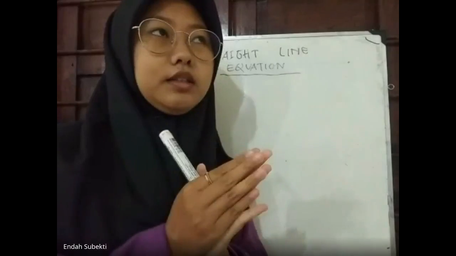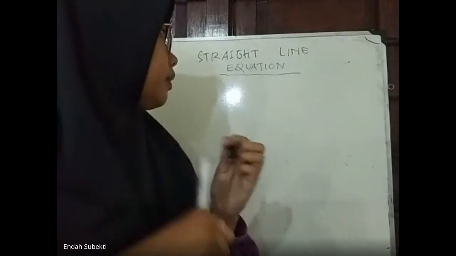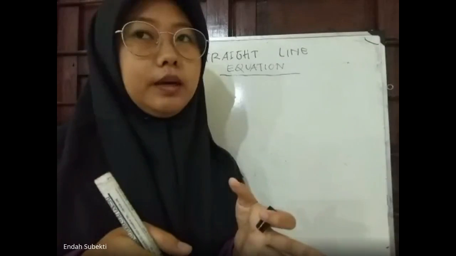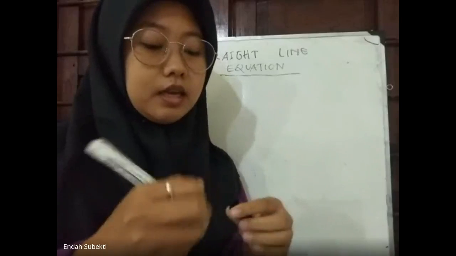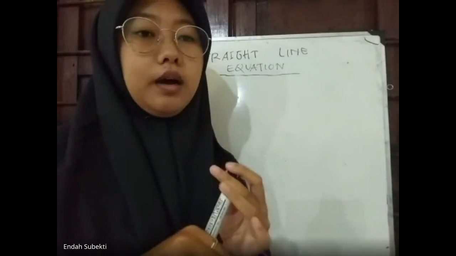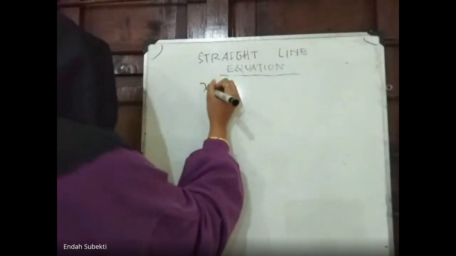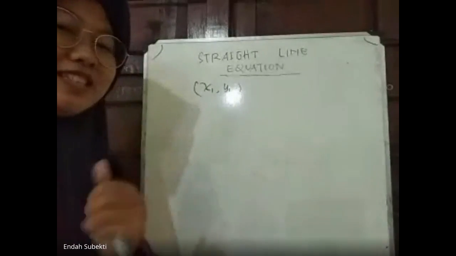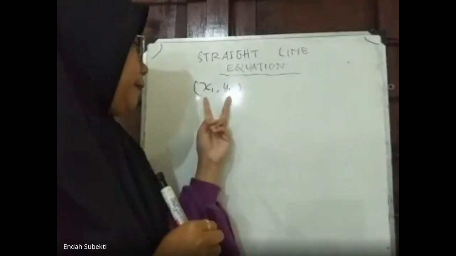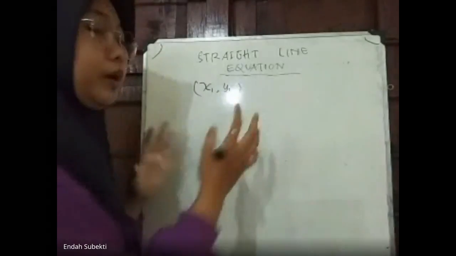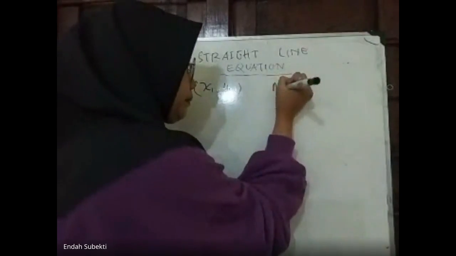So the straight line equation, if you know the slope and a point the line passes through, supposedly that point is x1, y1, and you know the slope or gradient is m.